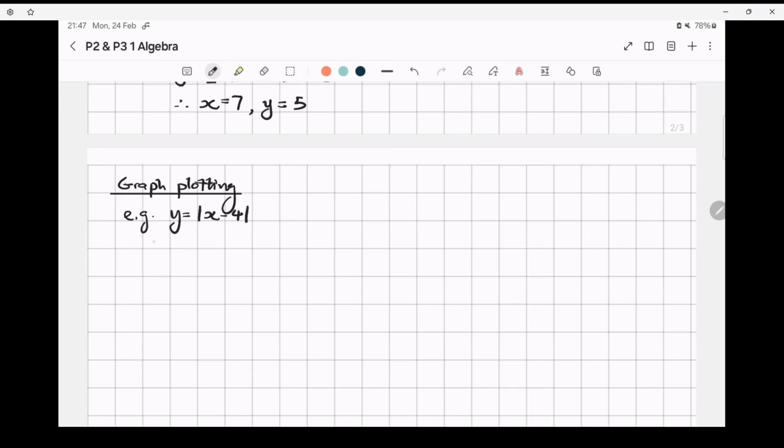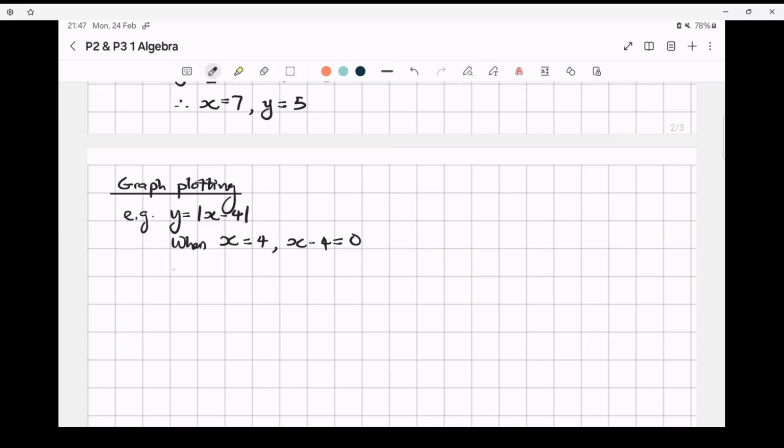When x equals 4, x minus 4 is basically 0. So you know that this line hits your x-axis at (4, 0). And then you just need another 2 points to plot the graph.